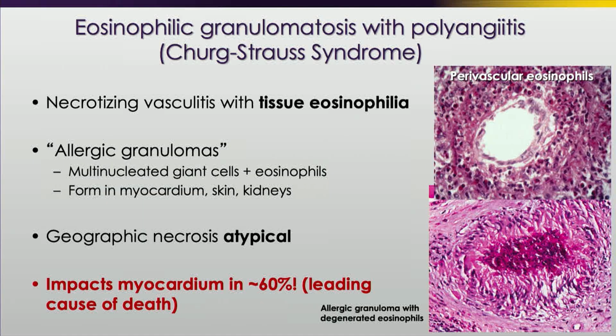Overall geographic necrosis in the lung is very atypical, so you're not going to see classically cavitation in lung consolidations in Churg-Strauss or EGPA. And very importantly, the allergic granulomas and tissue eosinophilia of EGPA impacts the myocardium in at least 60% of cases.